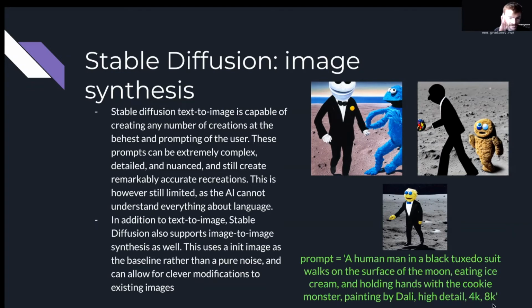So what I've done is I've got a relatively not complex series of actions between this human man and the Cookie Monster, and I've given it in a way that I think would be very interpretable to a human. I've also told it to be in high detail and to approximate an image in the style of the painter DALL-E.